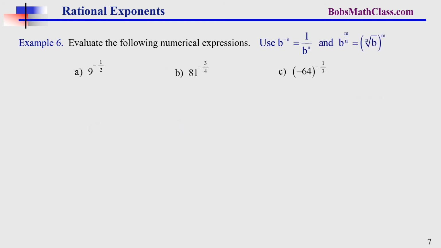Okay, here we have not only a negative exponent, but a negative fractional exponent. Still the same procedure. We're going to move the base to the denominator and then change our exponent to a positive. Then we're going to write it in radical form and simplify. So first thing is move the 9 to the 1/2 to the denominator and then change your exponent to a positive.